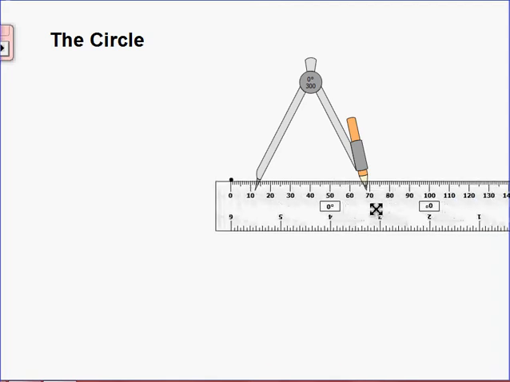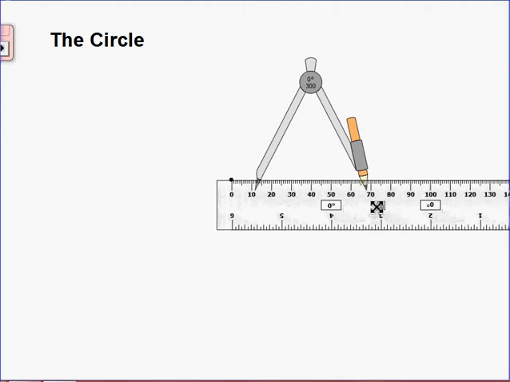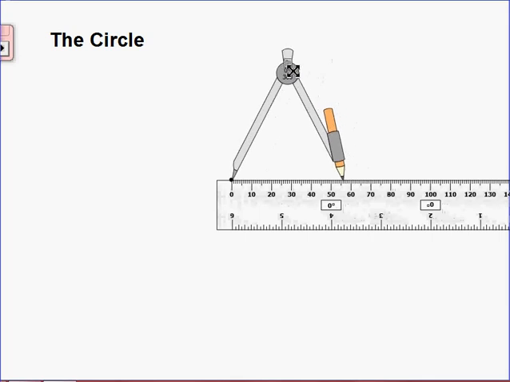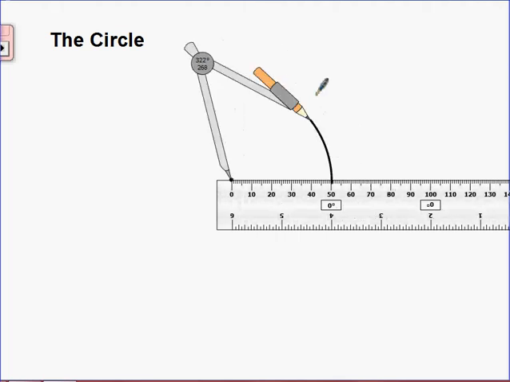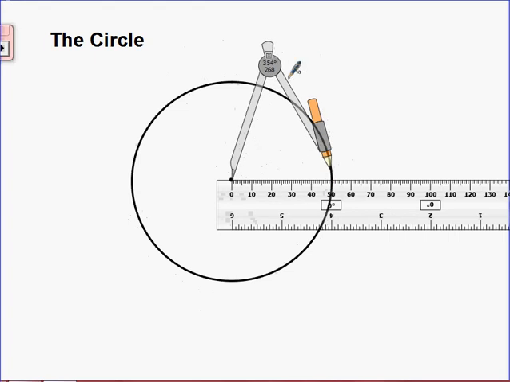So I'm going to use a compass and a ruler to construct this circle. Okay, so there is the circle. Now I'm going to mark the radius for you so that you can see it properly here.